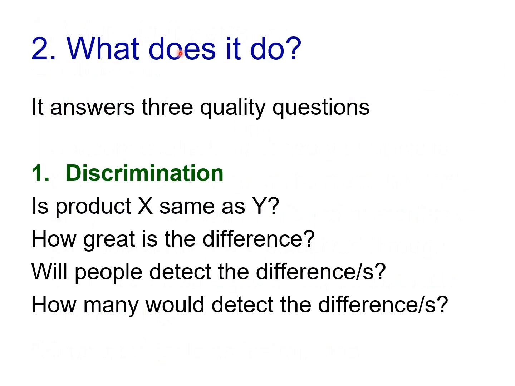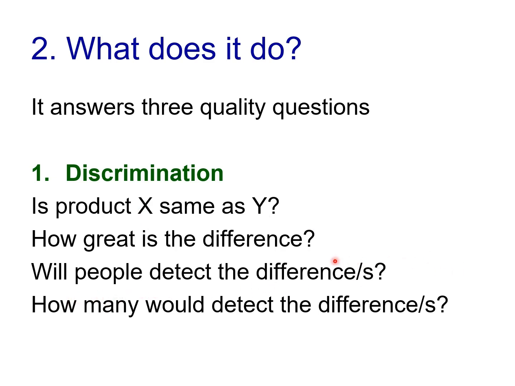So what does it do? It answers three quality questions, like discrimination. In discrimination, there is product X and product Y, also product Z. In comparison, how great is the difference? Is there a drastic or very huge difference between product X and product Y? Will people detect the differences?